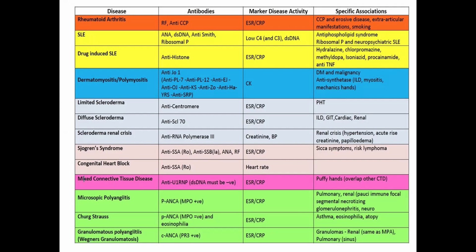Systemic lupus is associated with antiphospholipid syndrome. What else I want to say here? I think we got it. Dermatomyositis and polymyositis affect the muscle enzymes because it's a myositis. Proximal myositis, and sometimes distal, like inclusion body myositis.